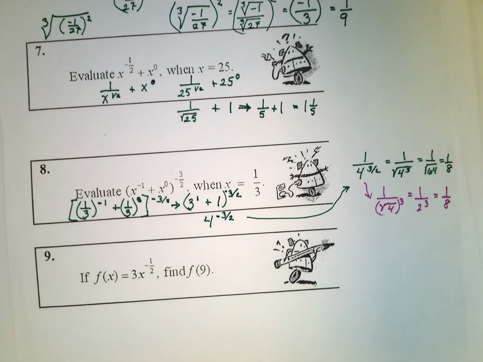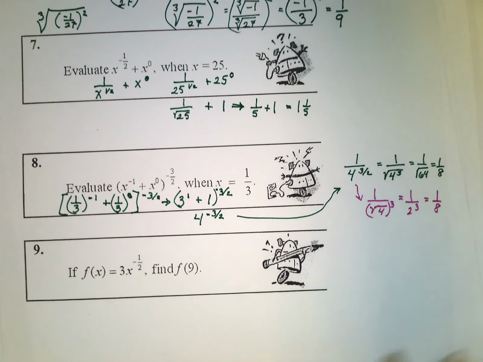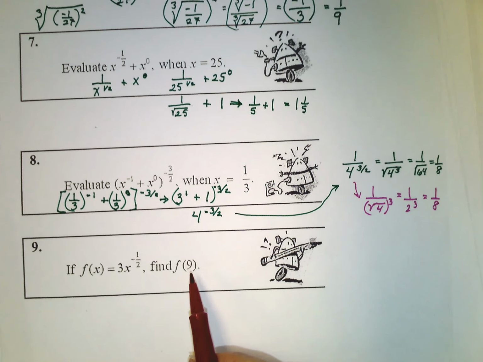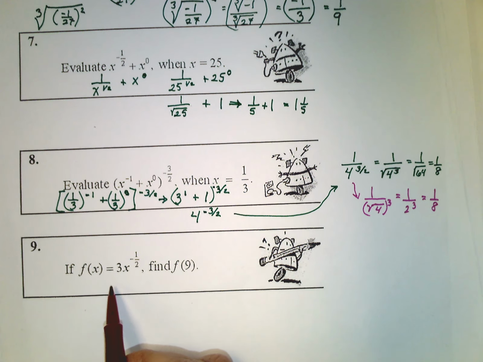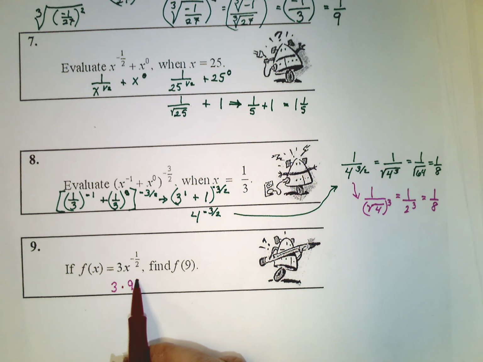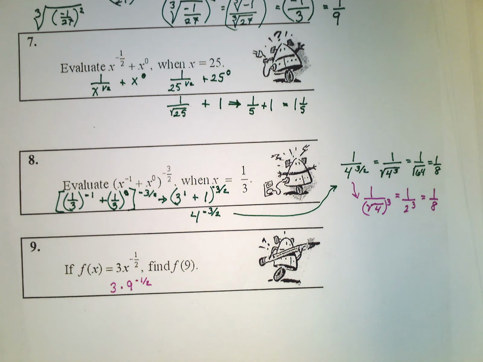Finally, they want us to plug in a 9. So we have 3 times 9 to the -1/2 power. Now that doesn't mean we take 3 times 9 and make 27 and then raise that to the negative 1/2.